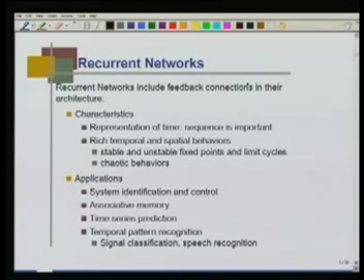What are the characteristics of a recurrent network? Representation of time, where sequence is important. I would like to explain this in a little more detail. What is the meaning of sequence?